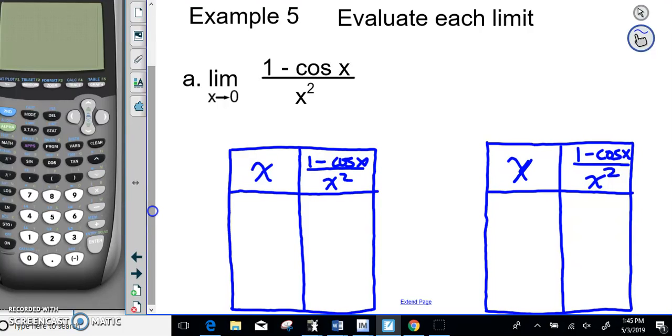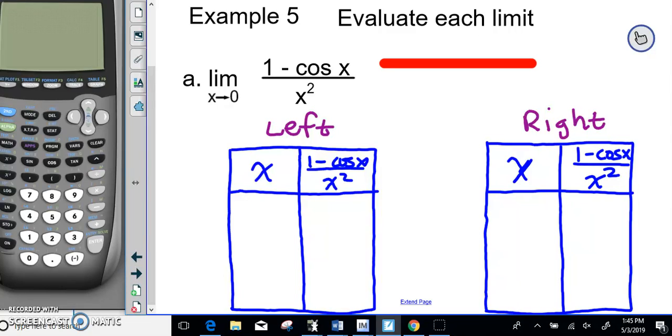Since we're talking about 2 tables, we're going from the left side of the function and the right side of the function. Here, we're going to do a number line really quick so you can see what's happening.